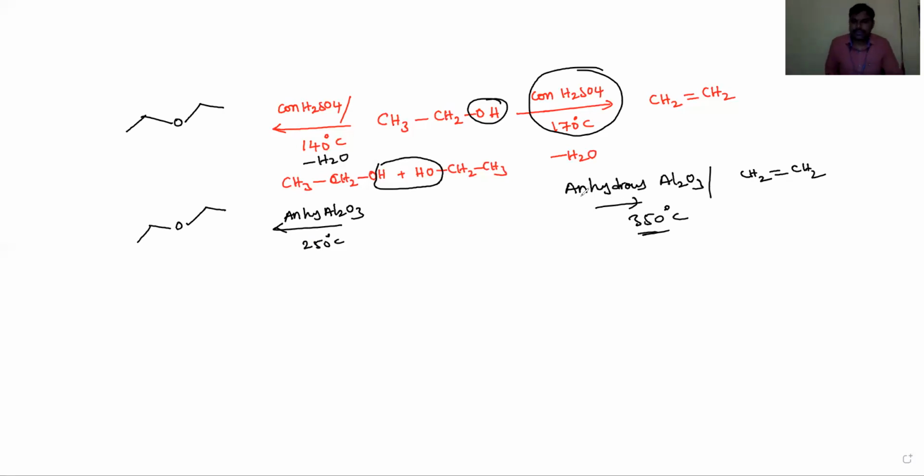Okay, dear students, this is about preparation of alkenes from alcohols. Another important method is the Hofmann reaction or Hofmann elimination reaction. We need to discuss the conditions when Hofmann elimination reactions are possible. If the elimination reaction takes place according to the Hofmann elimination reaction, what is the product?